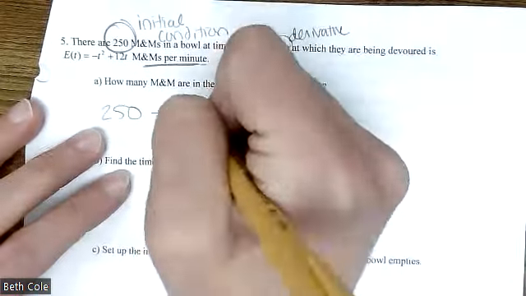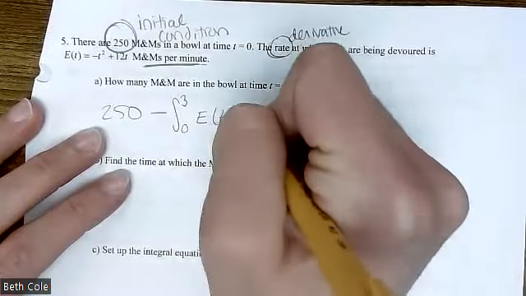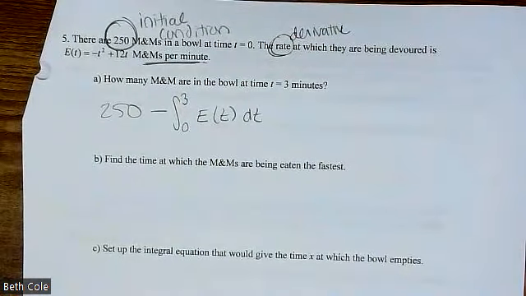And what goes in there? Yes, now you can write negative t squared plus 12t, or you can actually write E of t. It doesn't matter, but on the AP exam, you do realize they're going to give you absolutely obnoxious functions, right? You're better off writing E of t or whatever they've called it, because if you copy it wrong, guess what? It's wrong. All right, go ahead and slam that in the calculator.